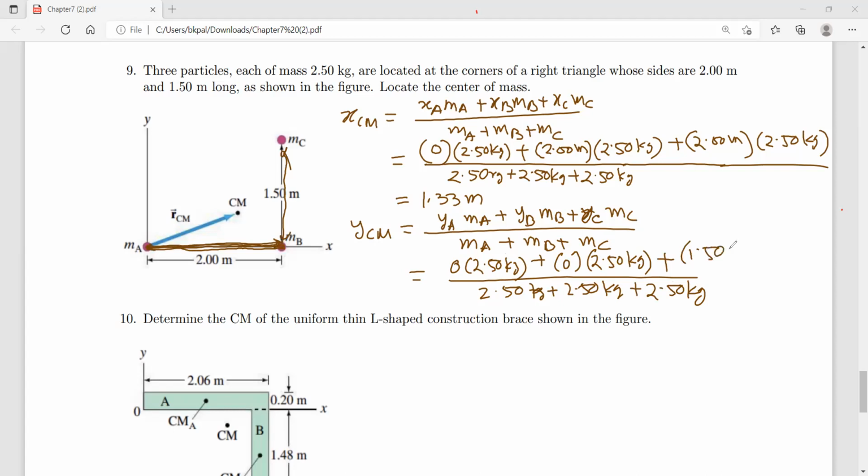So 1.50 meters, 2.50 kilograms. Once you understand this, the rest is to plug these numbers into your calculator correctly. If you do what I did, it gives me this number. So the x coordinate is this one, and the y coordinate is this one. So these are the x and y coordinates of the center of mass.